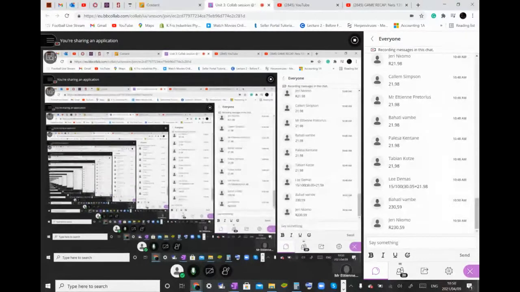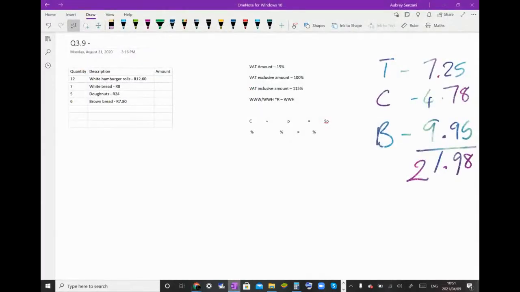Okay, so Lee, what you're calculating there is the actual tax amount. And that 30 Rand is already the actual VAT amount, okay? So we want the taxable amount.